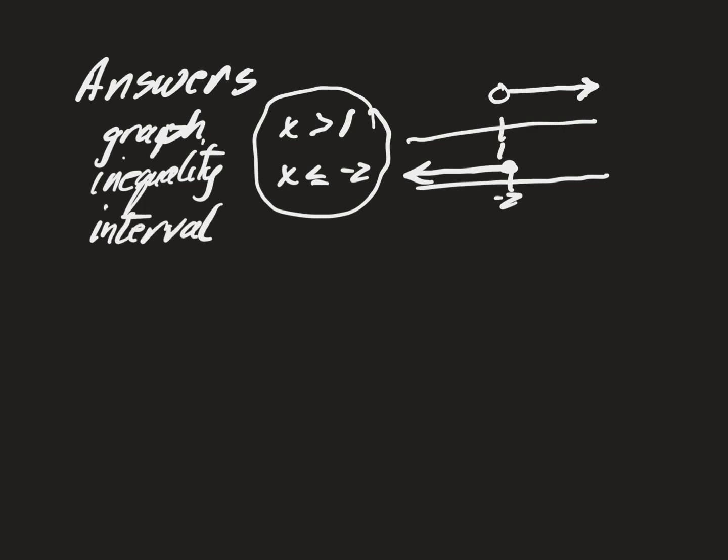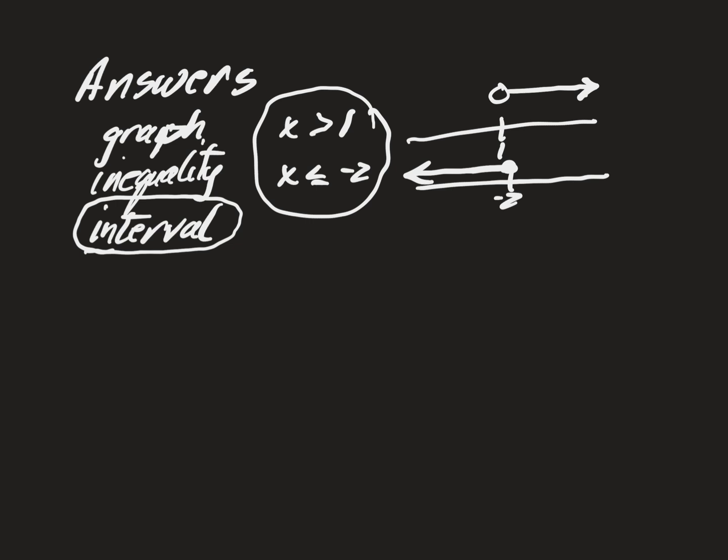And despite what you may have thought in the past, interval notation is the standard. It's the way most mathematicians talk and write about intervals on a number line. And so we need to review what our answers are going to look like in interval notation.